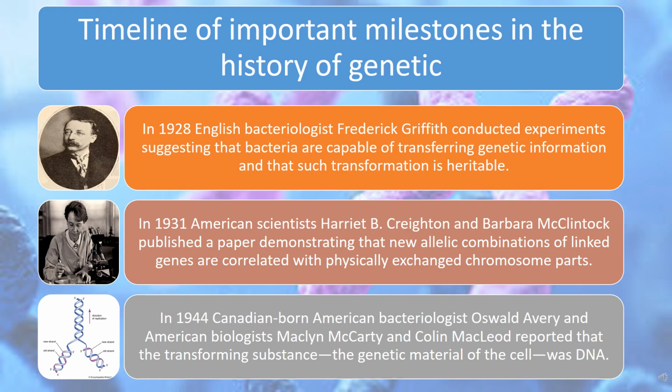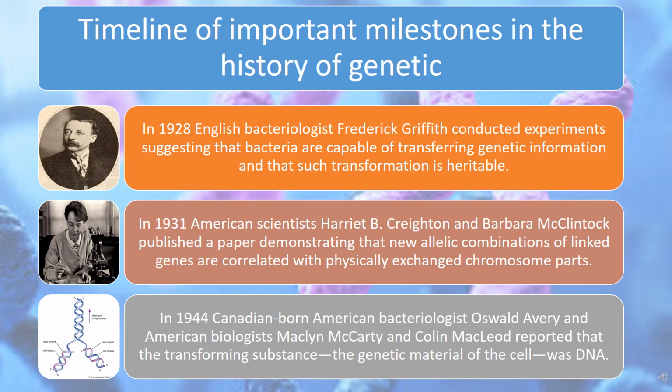In 1931, American scientists Harriet B. Creighton and Barbara McClintock published a paper demonstrating that new allelic combinations of linked genes are correlated with physically exchanged chromosome parts. Their findings suggested that chromosomes form the basis of genetics.